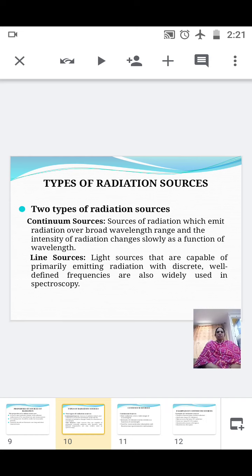The continuum sources emit radiation over a broad wavelength range, and the intensity changes slowly as a function of wavelength.